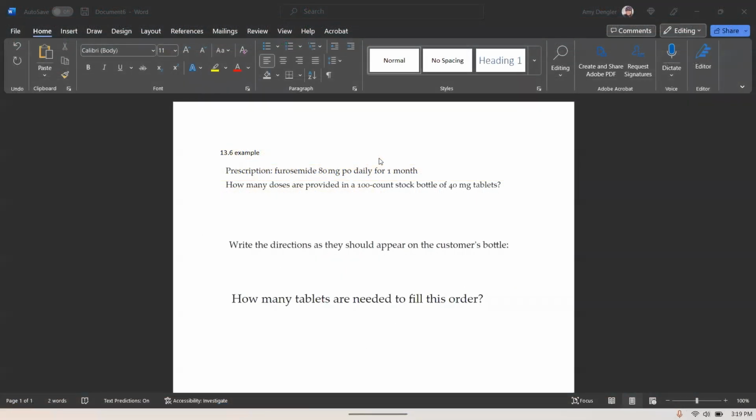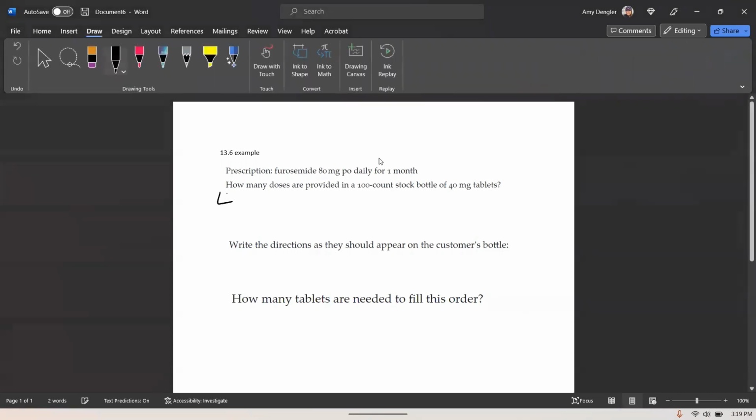We have a prescription for furosemide 80 milligrams by mouth daily for 1 month. How many doses are provided in a 100 count stock bottle of 40 milligram tablets? So of course we can do a proportion going 40 milligrams is equal to 1 tab. We have an 80 milligram order.